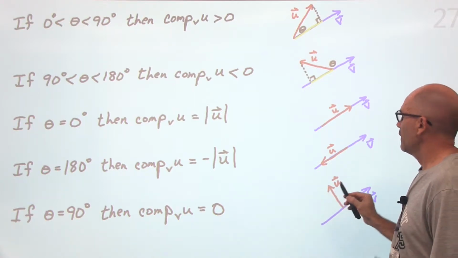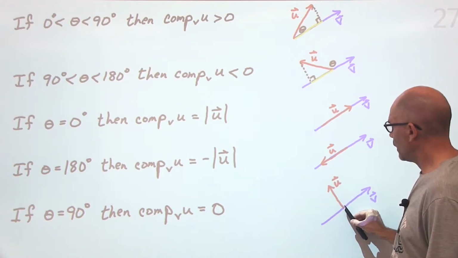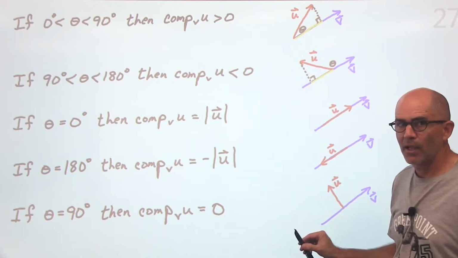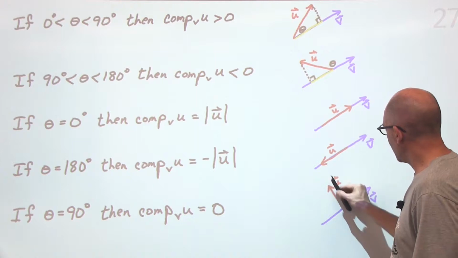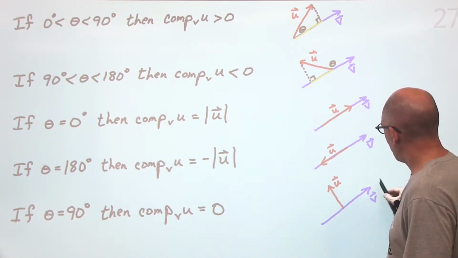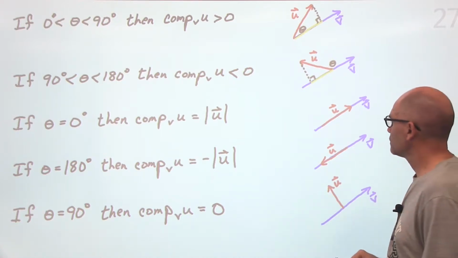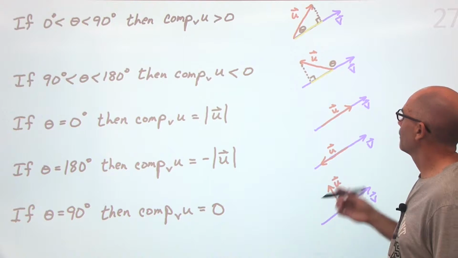Now, what if the angle is exactly 90 degrees? Now the component of u along v is 0, because if you have a 90-degree angle, then u doesn't exert any force on v left or right. So that's it.